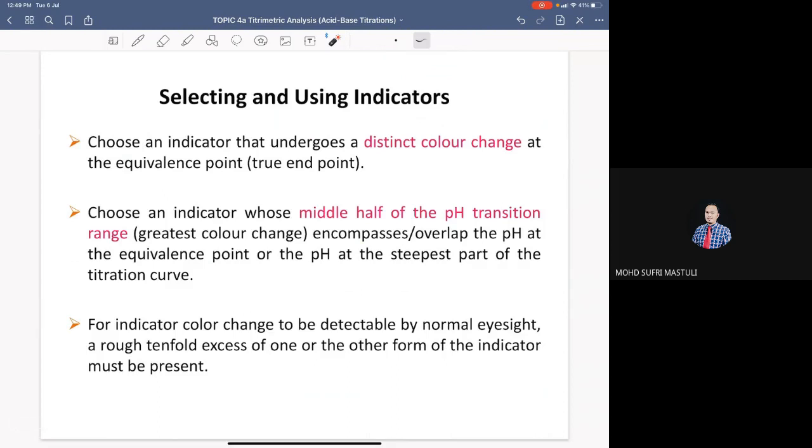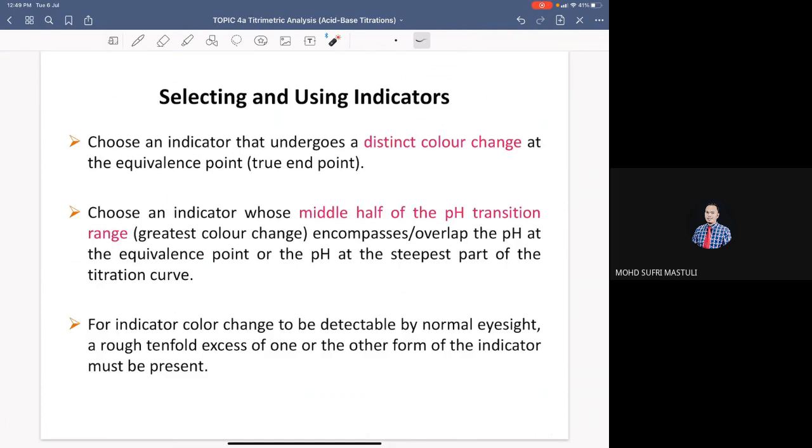So for selecting and using an indicator, the chosen indicator should undergo a distinct color change because we want to detect the endpoint. So the indicator has to change to a distinct color at the equivalence point, through to the endpoint.